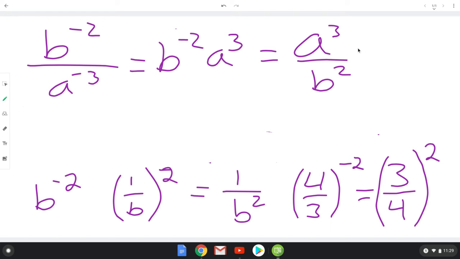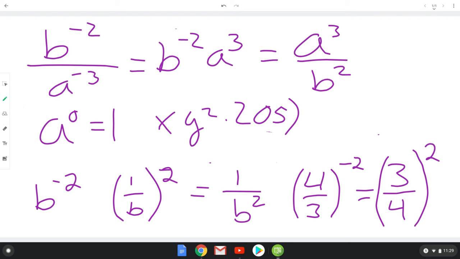Other things that we've talked about: anything to the 0 power is 1. And I mean anything, so I could have x, y squared times 205, but if that's to the 0 power, that's just going to be 1. Anything to the 0 power is 1.